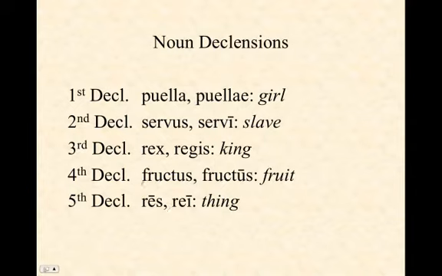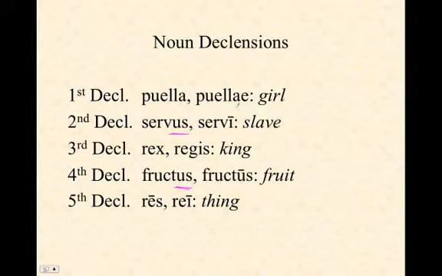Now, the reason they give you 2 forms of the noun in the dictionary is that without those 2 forms, you couldn't necessarily figure out the declension of the noun. Notice, for instance, the second declension ends US, but so does the 4th declension. The way you know the difference is the second form, the genitive singular, is different in the second declension and 4th declension.